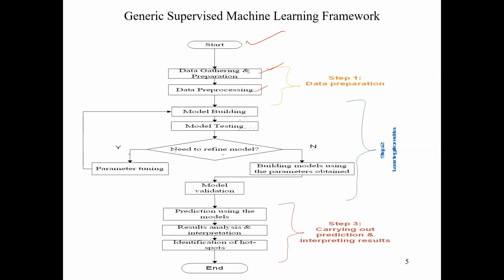If there's need for refinement, yes, do parameter tuning, which is hyperparameter optimization. Go back again and then build the model and then come back. If there's no need for model refining, then you build the final model using the hyperparameters obtained, validate the model, use it for prediction, result analysis and interpretation, and then identification of hotspots.